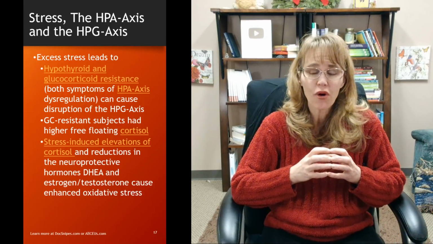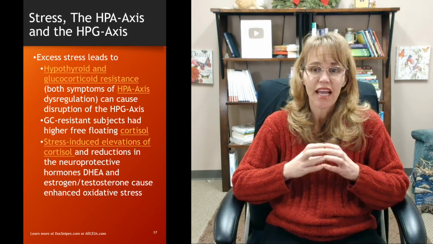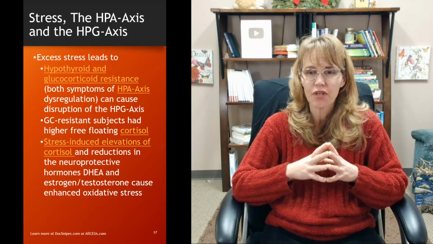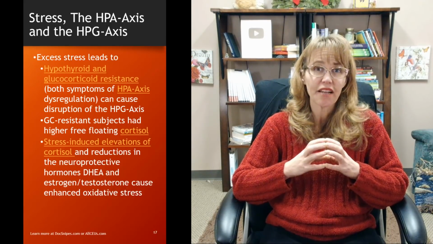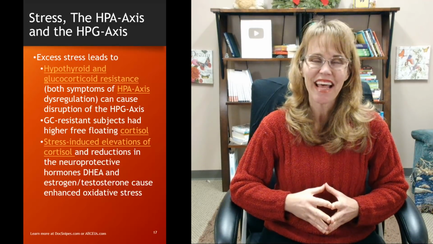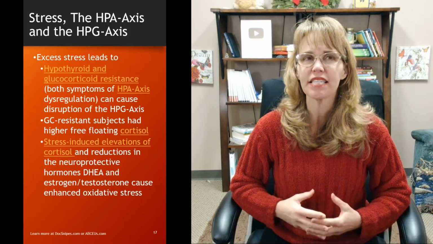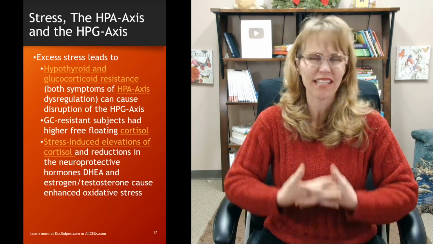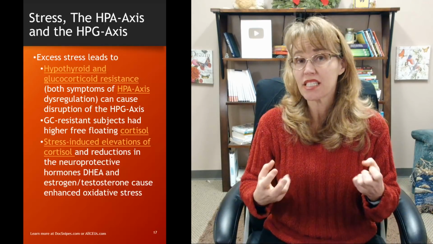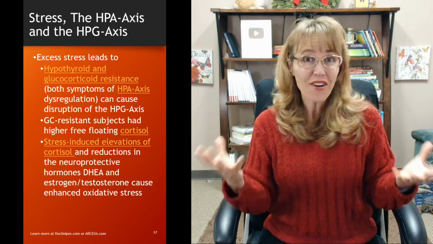Stress-induced elevations of cortisol and reductions in the neuroprotective hormones DHEA, estrogen, and testosterone can enhance oxidative stress. Now, we've talked about oxidative stress in other videos. Those are sort of the byproducts. That's the garbage, if you will, that is produced when the system functions.